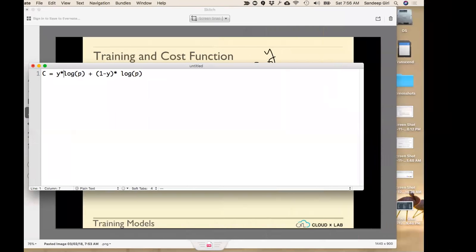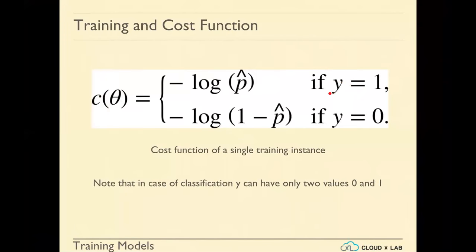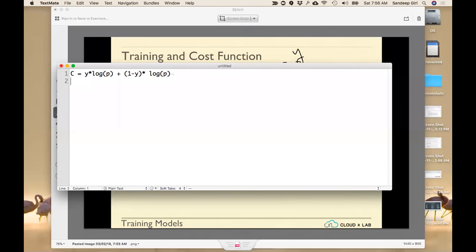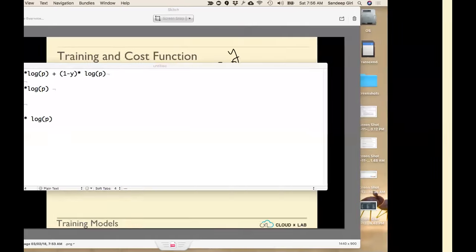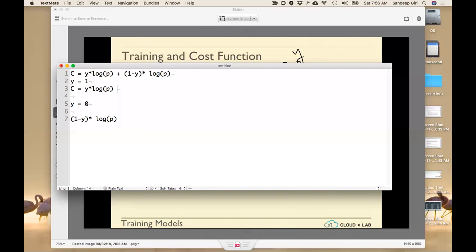So what does it mean? If y is 1, what will remain? If y equals 1, the cost function will become only this. If y is 0, then this other cost function will remain. Just that there will be an extra minus, so you can put one minus here.